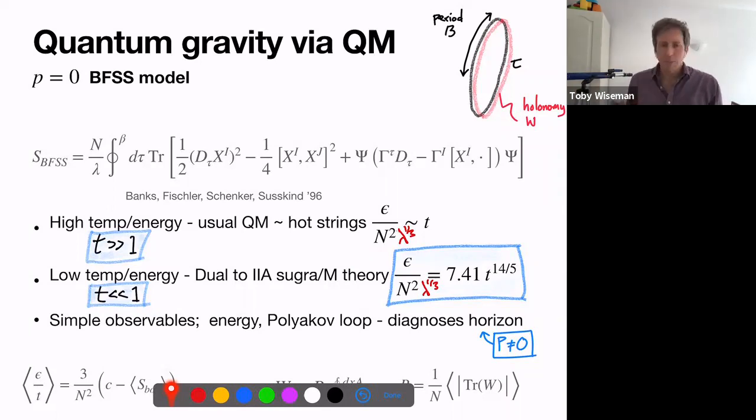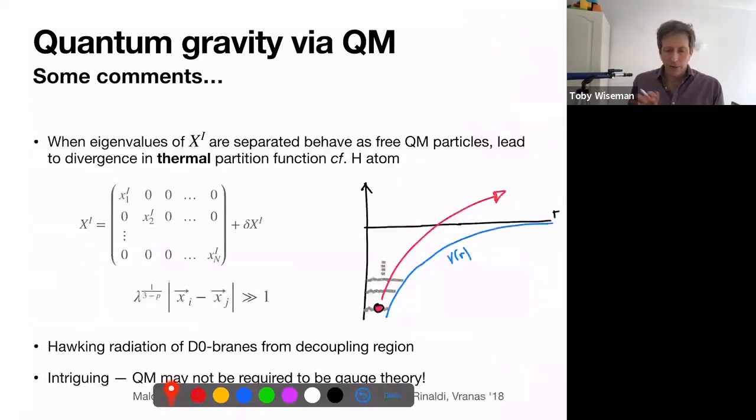So the eigenvalues of this holonomy can diagnose confinement-deconfinement phase transitions in the gauge theory, which are related to whether there's a black hole or not. This is the analog, for example, in AdS/CFT of the usual Hawking-Page transition. One could diagnose it by looking at the holonomy of the gauge field around the Euclidean time circle, and at large N one would see a phase transition in the behavior of the eigenvalues.